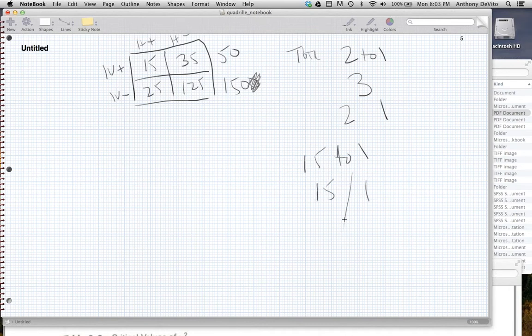Isn't that just like, in this case, if we measured this 50 times, 15 times we'd find a person that was HIV positive, and 35 times we'd find a person that was HIV negative. So for someone that's an IV drug user, the odds of having HIV are 15/35. A little bit different, right? A little bit of a twist.